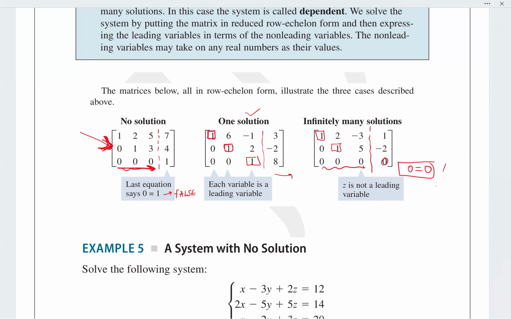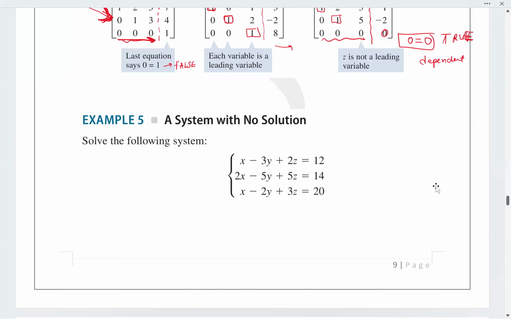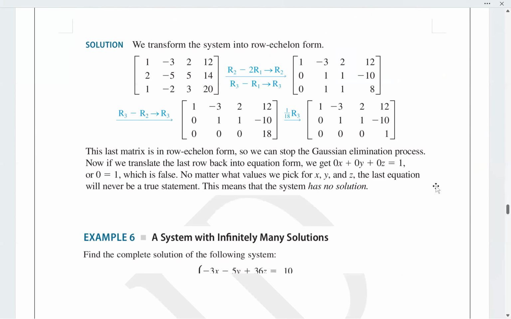You see, this is always true. And whenever this happens, we say the system is dependent. So it means you have infinitely many solutions.